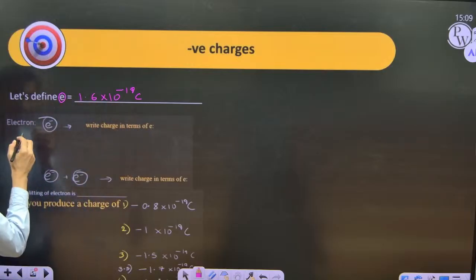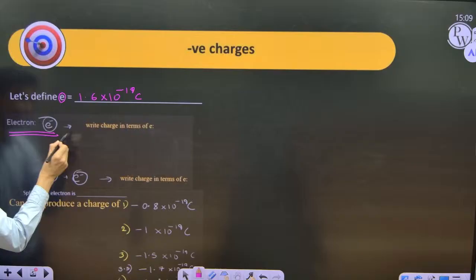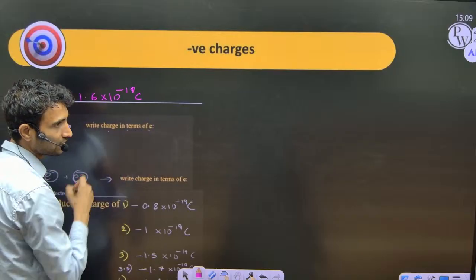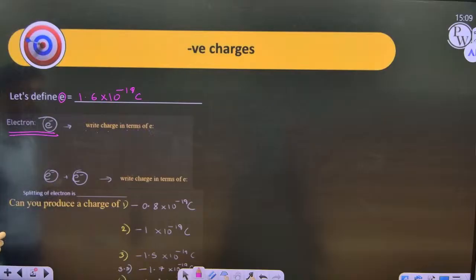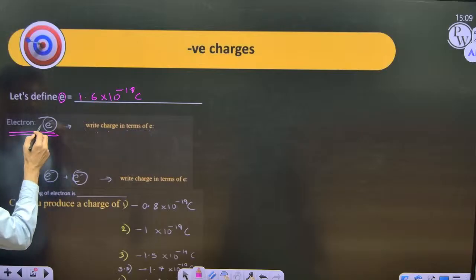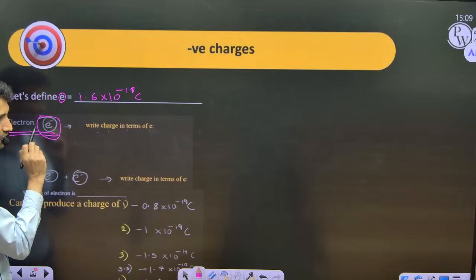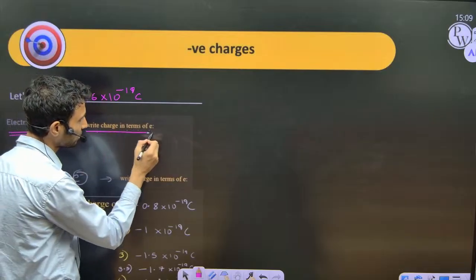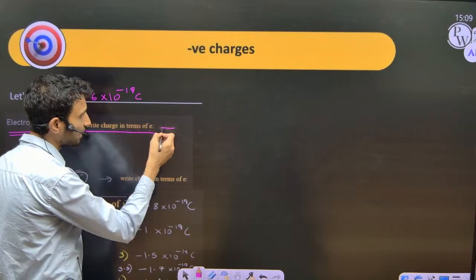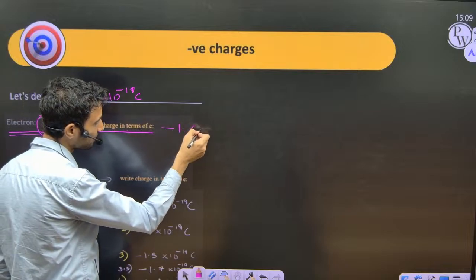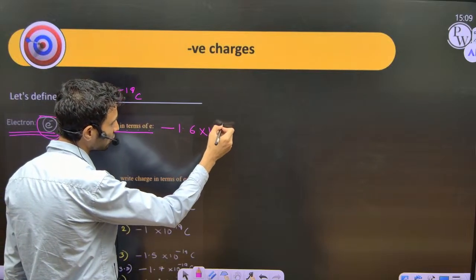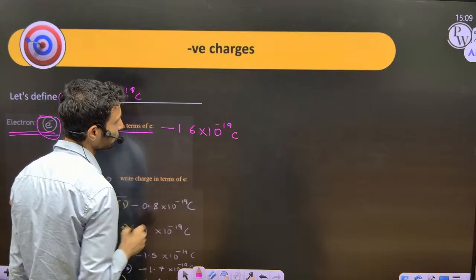Now, if you have an electron, write the charge in terms of e. In terms of e, what will be the value of the charge of the electron? As we know, the electron has a negative charge, so written in terms of e, it will be negative something. Negative how much exactly? We know it is minus 1.6 into 10 raised to the power minus 19.